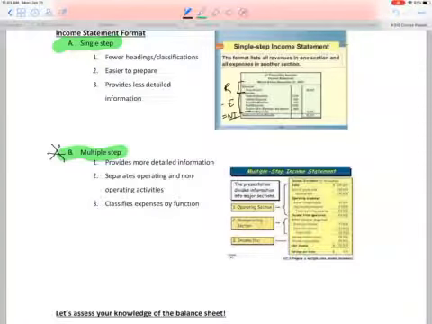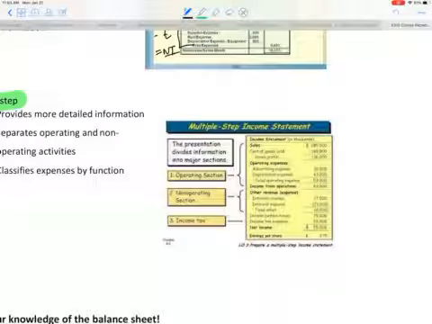What we're going to see here is we have an operating section of the income statement. It separates out income from operations, and then this is all the other peripheral stuff that we're generating revenue from or having expenses due to.